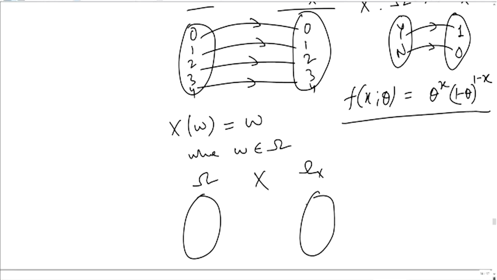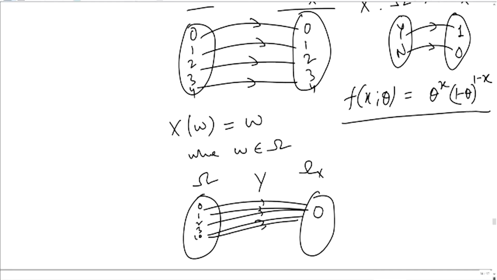Such that, let's say random variable y, to make a distinction I will call it y. So if values are 0, 1, 2, 3 up to 10, it will map all of them to a value 0, and if it is greater than 10, all these values will be mapped to 1.